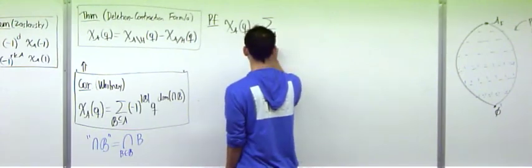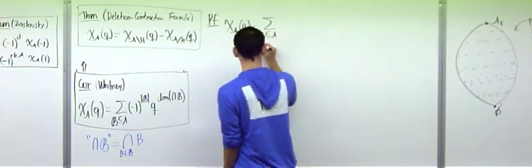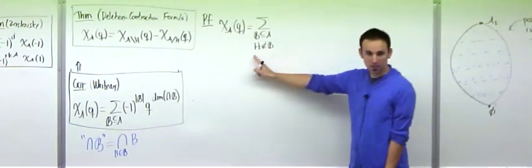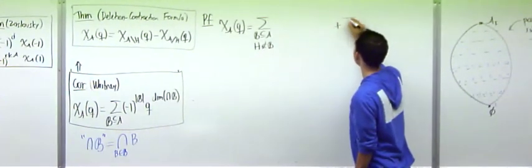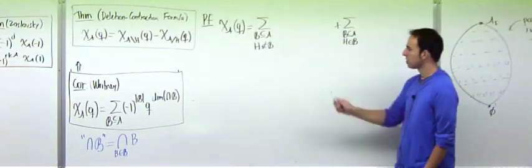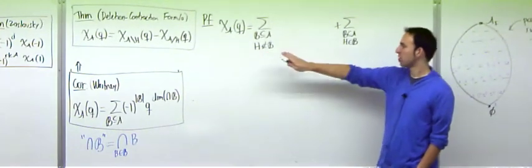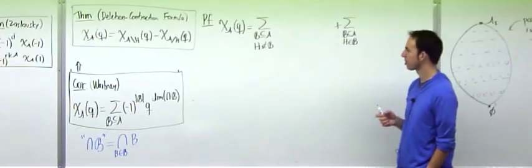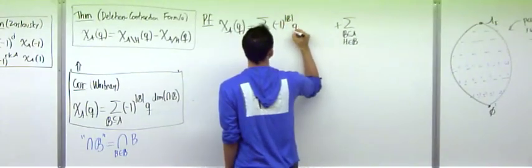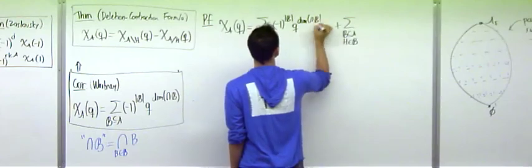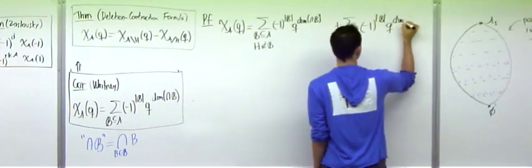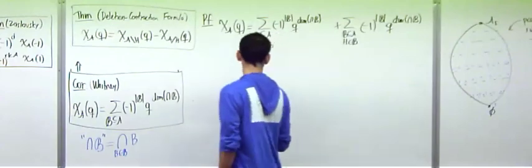I'm going to do this first for the subsets not containing H, and then the subsets containing H. So these are half of the subsets, and these are the other half. The ones that don't contain, and the ones that contain that special hyperplane H. And then I just do this. And this.